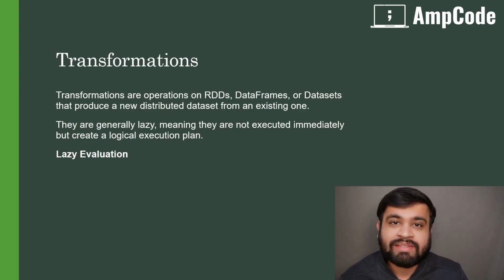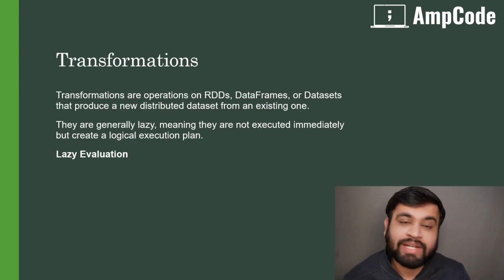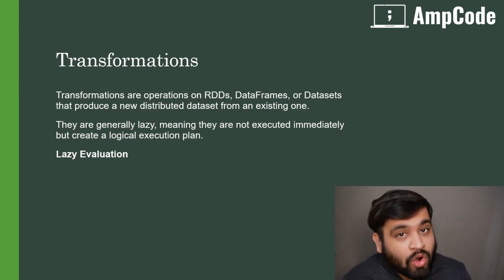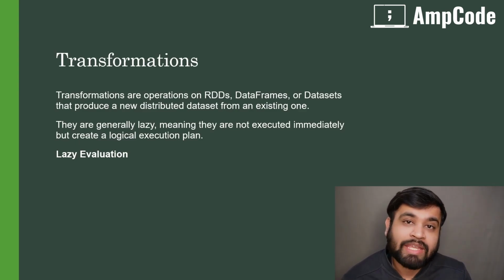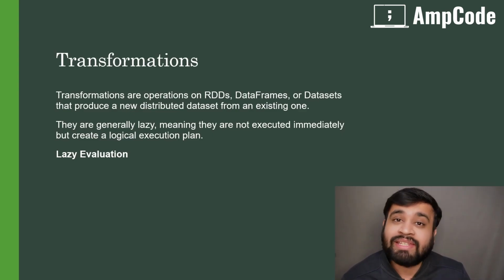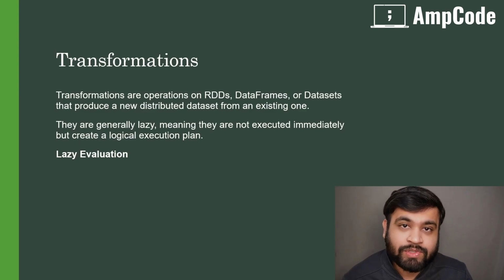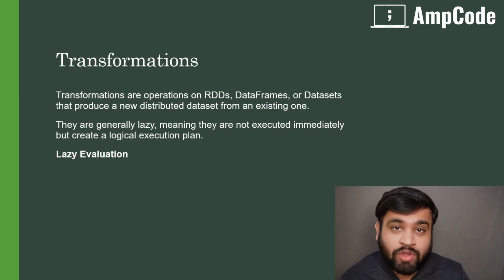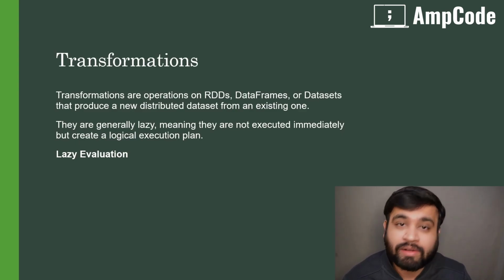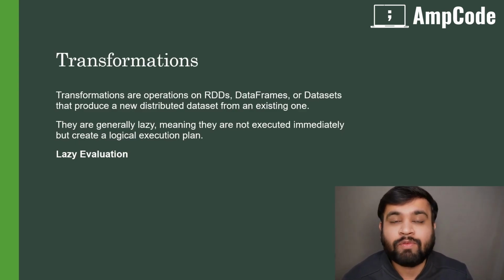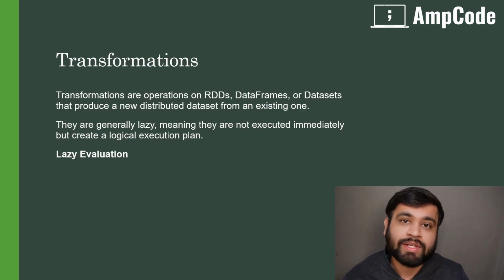What it means is, once you apply any transformation and return a new data frame or RDD from your previous one, it will not get computed immediately by your Spark cluster. It will need some action to be called to trigger that computation process, because a transformation can need a lot of compute on your Spark cluster, depending upon the size of your dataset and the type of transformation you are applying.